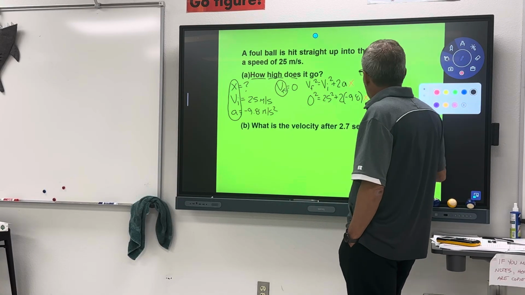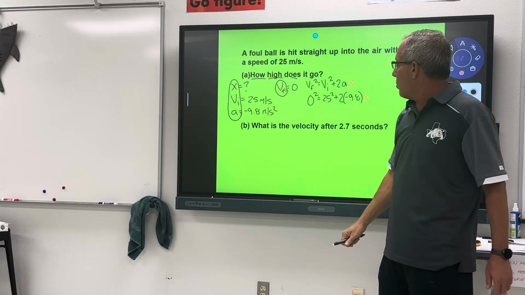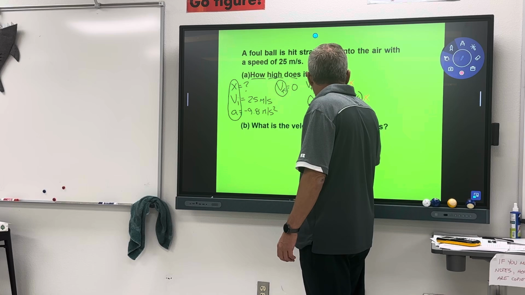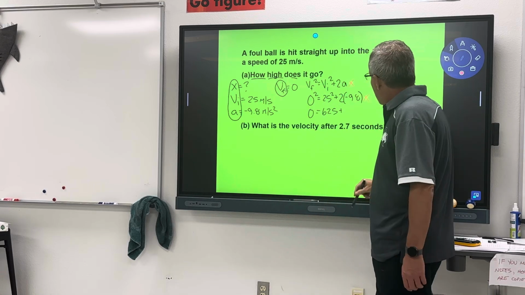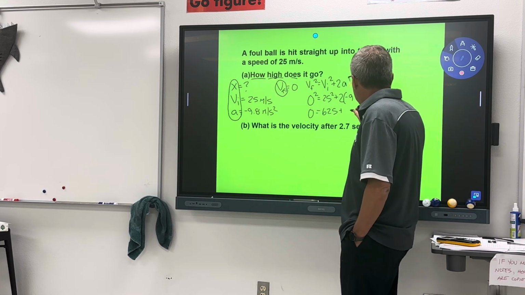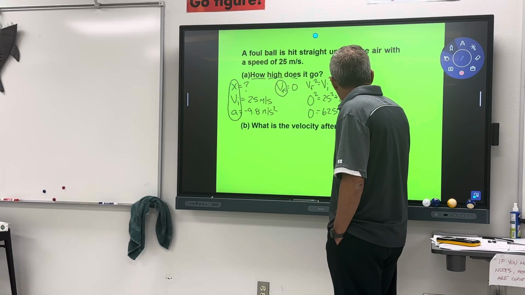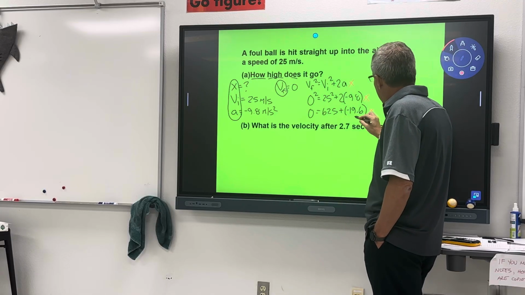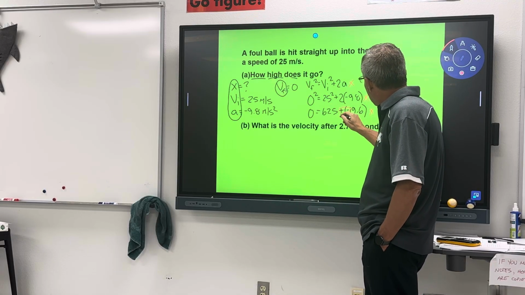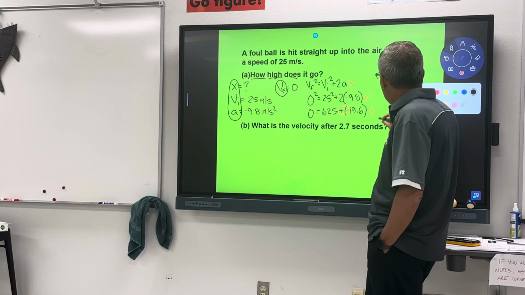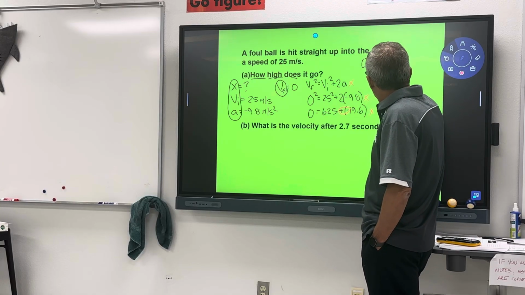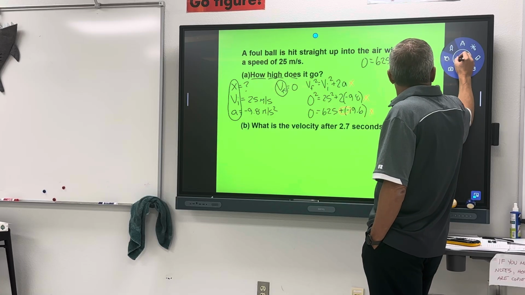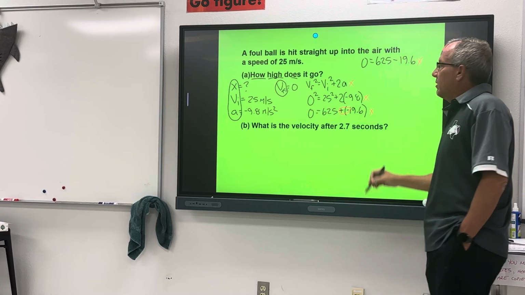Then I start simplifying. 0 squared is 0. 25 squared is 625 plus 2 times negative 9.8 is negative 19.6 times x. So I'm going to simplify this down to 0 equals 625 minus 19.6 times x.